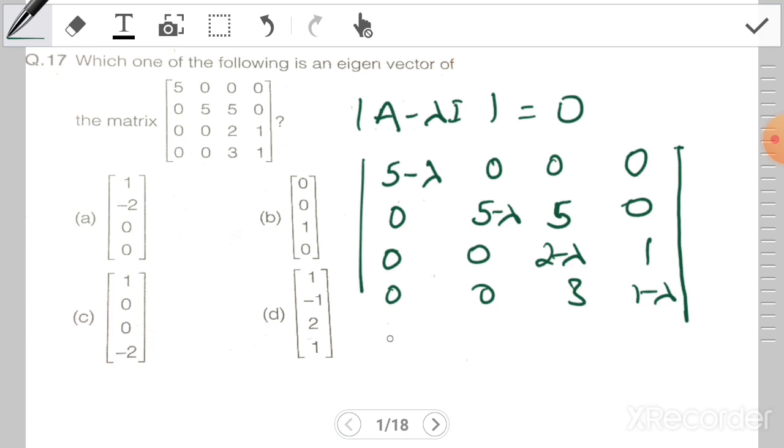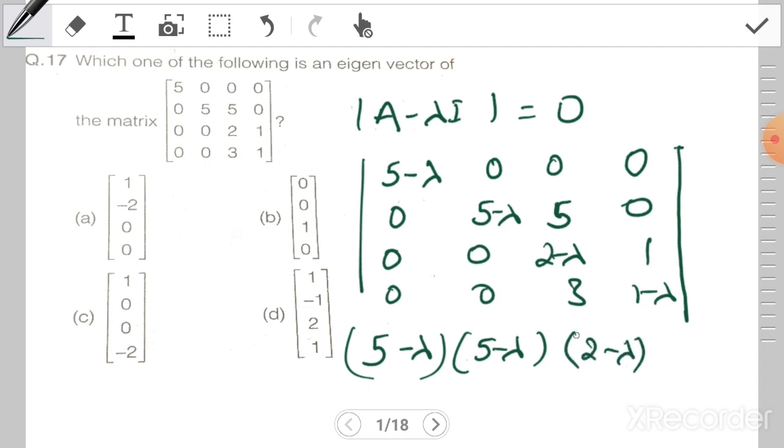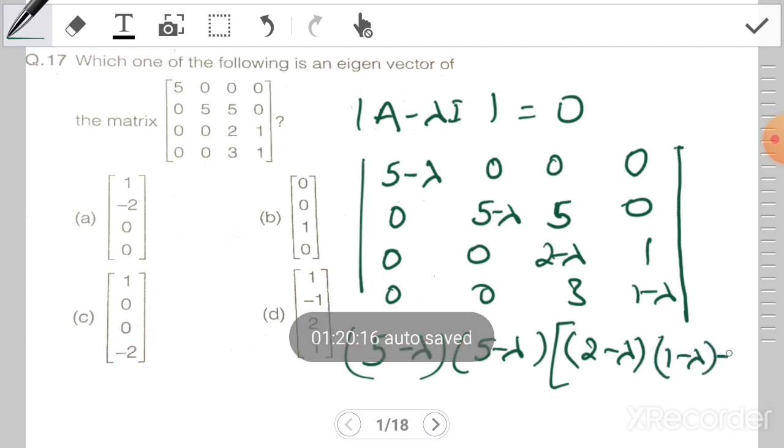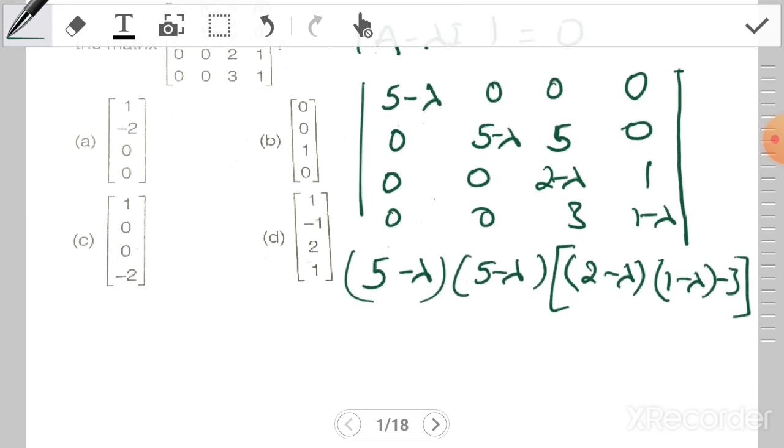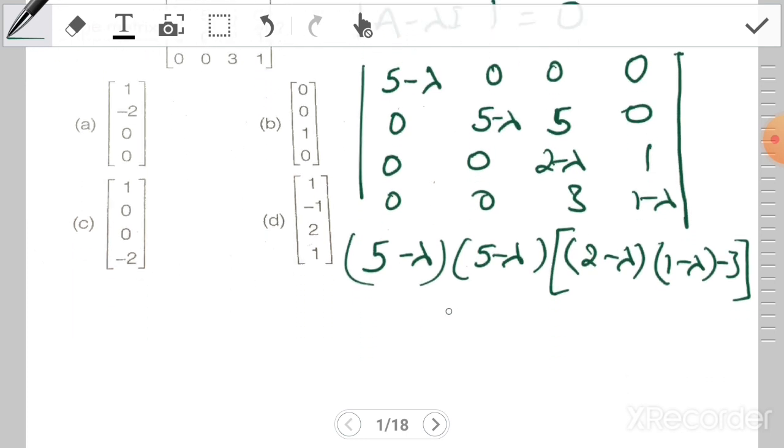So we'll have (5 minus lambda) squared times (2 minus lambda)(1 minus lambda) minus 3 equal to 0.